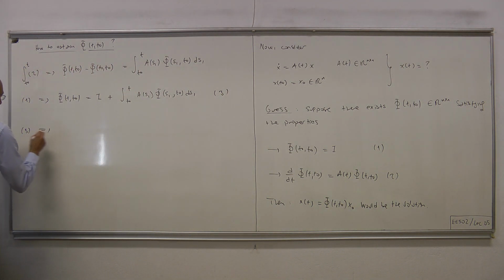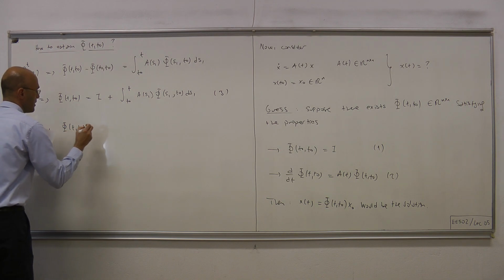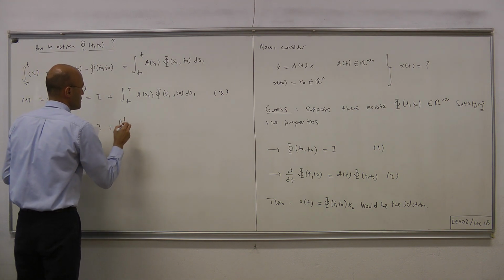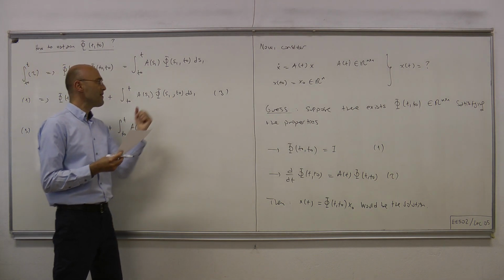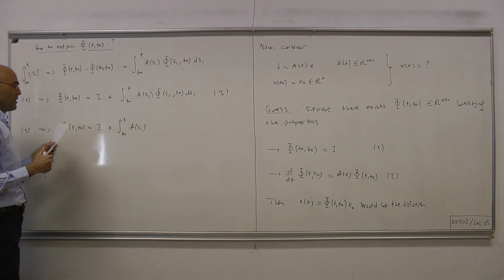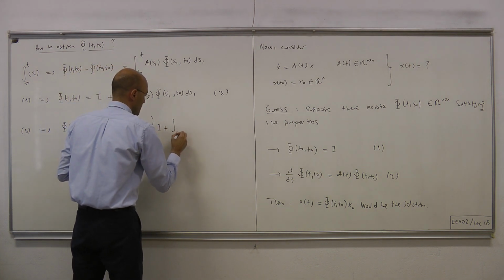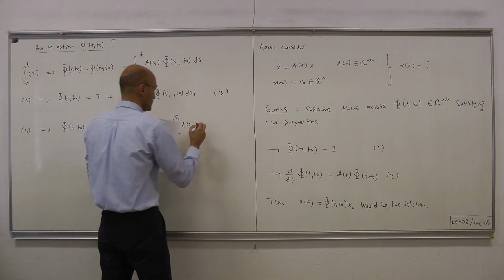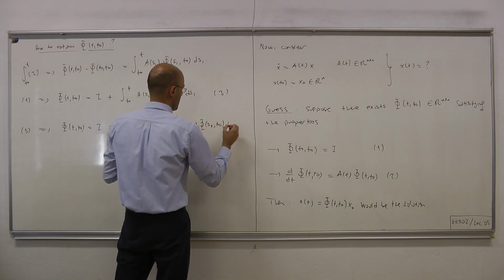Then, rewriting 3, we have phi T T0 equals identity plus the integral from T0 to T of A S1, and now, instead of this phi here, we use this phi: I plus the integral from T0 to S1 of A S2 phi S2 T0 dS2.